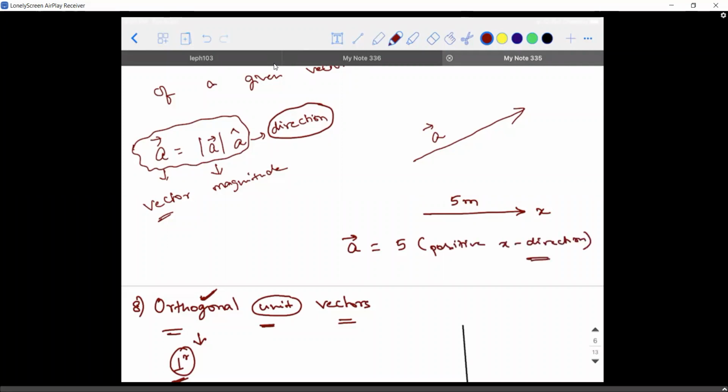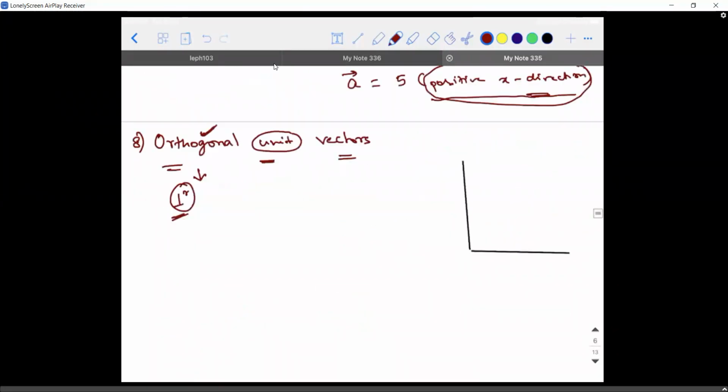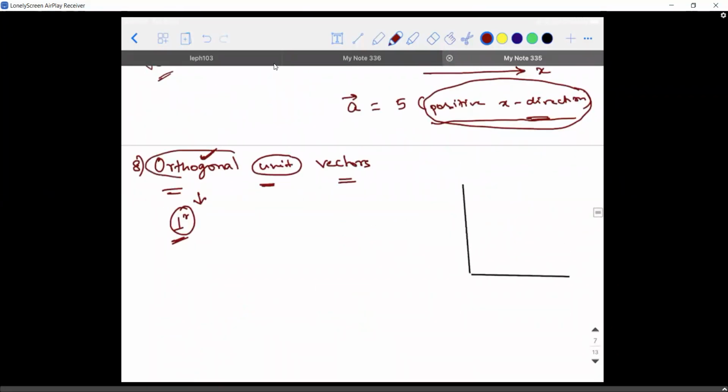Is it possible that every time you can sit and write this many units along a particular direction? You cannot sit and write a statement like this, right? That is why the statement is replaced by another vector called a unit vector. Among unit vectors, the special type we are going to discuss now are the orthogonal unit vectors, which are the most important, because going forward, every vector we write is written only in terms of orthogonal unit vectors.